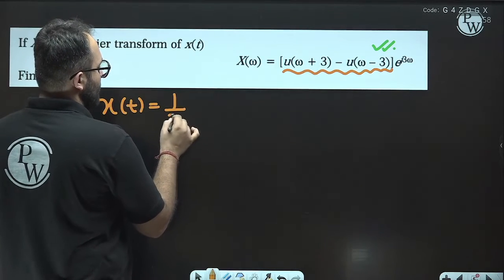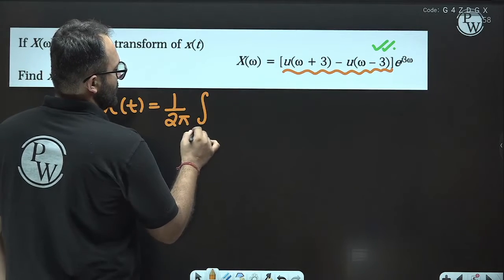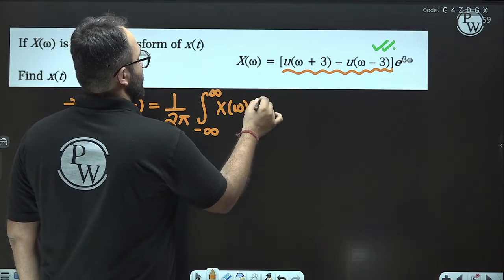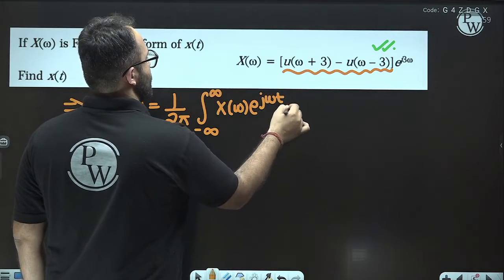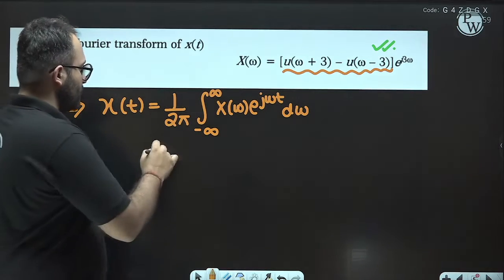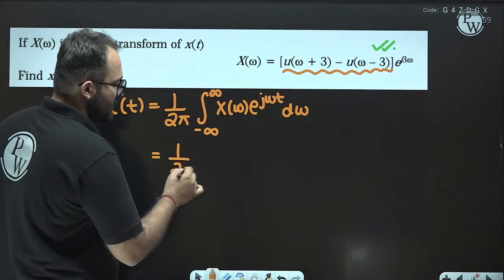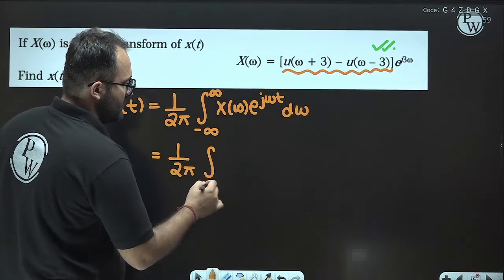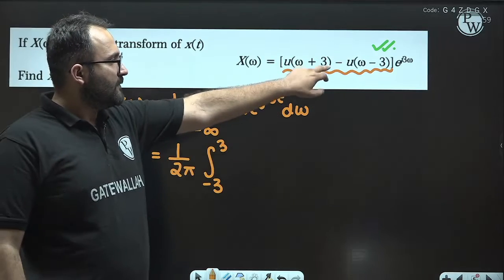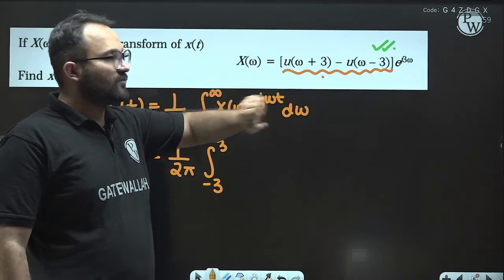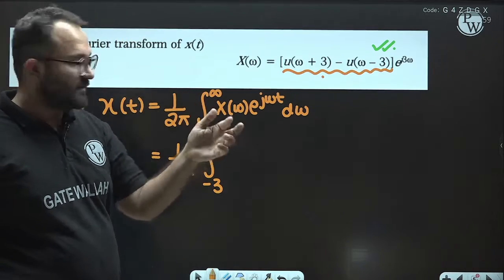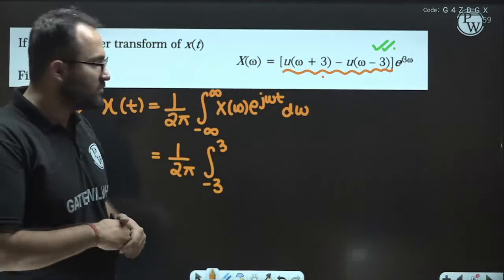So x of t will be 1 upon 2 pi integral from minus infinity to infinity. We have to perform this integration. This is equal to 1 upon 2 pi integral from minus 3 to 3, since this X of omega is only non-zero from minus 3 to 3 on the omega axis, so the integration can be from minus 3 to 3.